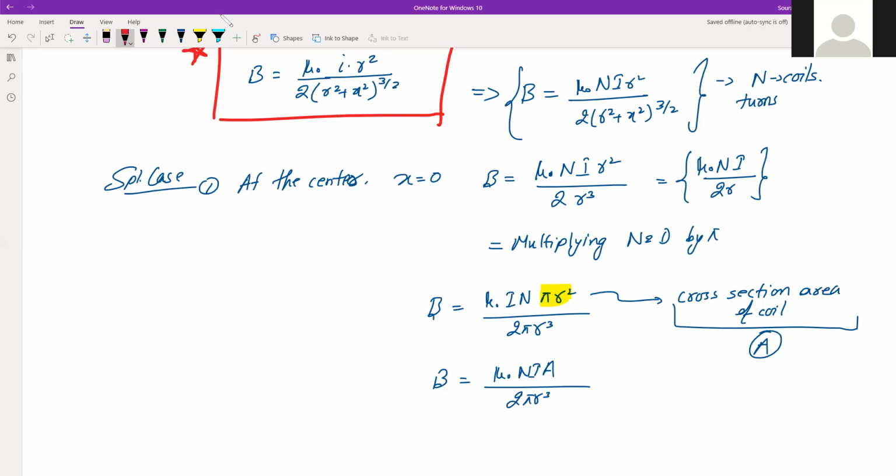So this is the same B but expressed in terms of area. This A is the area of the coil, right?